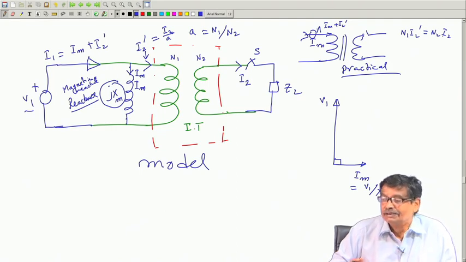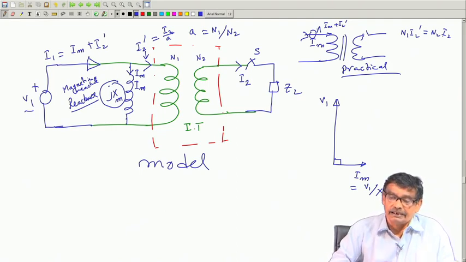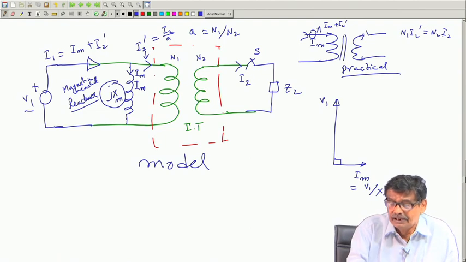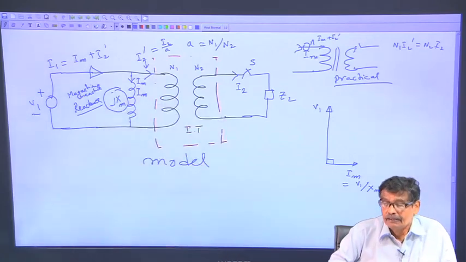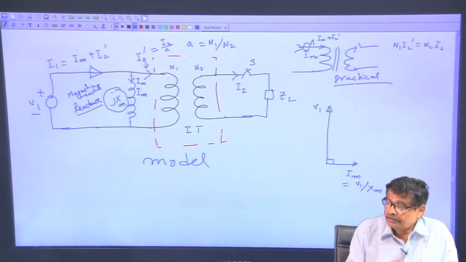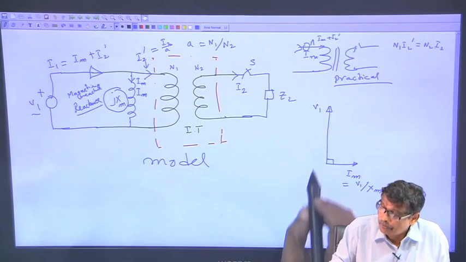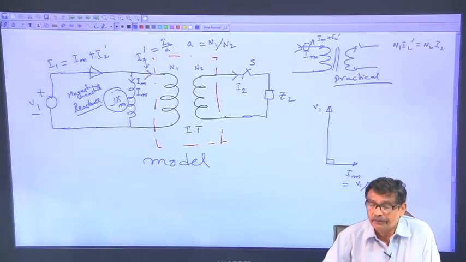So that net MMF once again is N 1 I m, and this is what we have discussed last class. So, this is a reactance, this is an ideal transformer and it correctly models it. So, V 1 I m I have drawn.